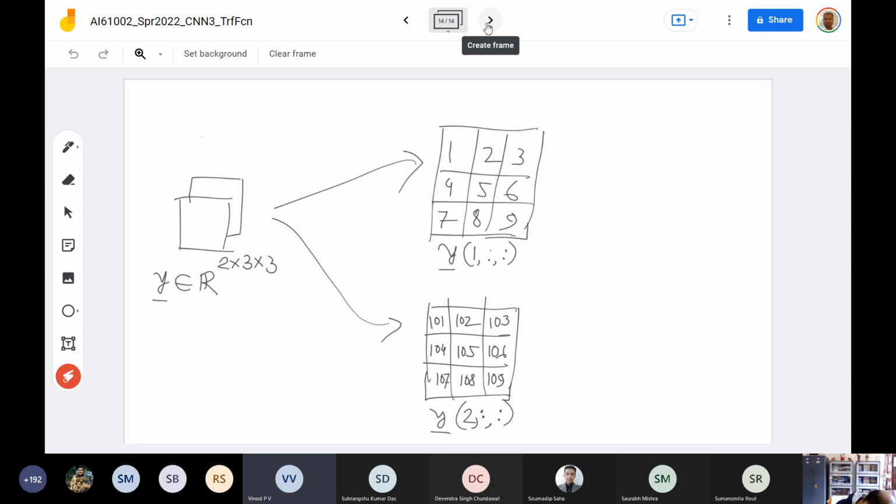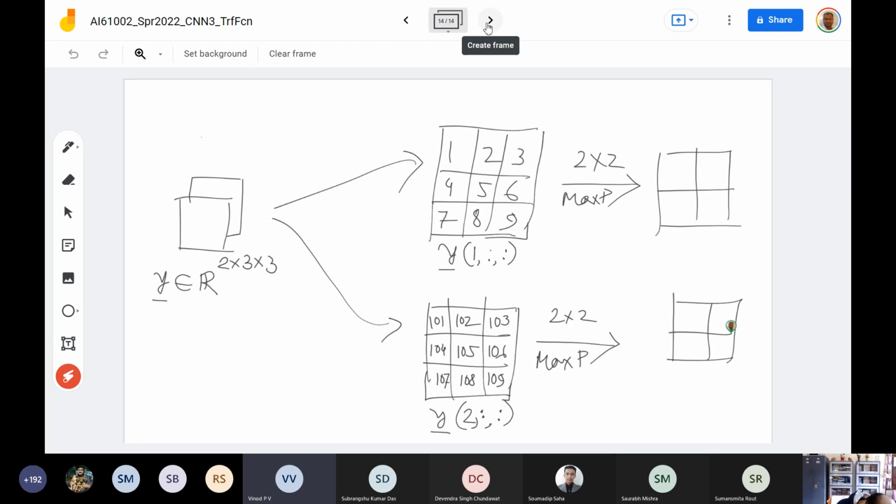Now, if I'm doing a max pooling over here, then I get these values. So what are these values? The first one is 5, 6, 8, 9. This one is going to be 105, 106, 108, 109.